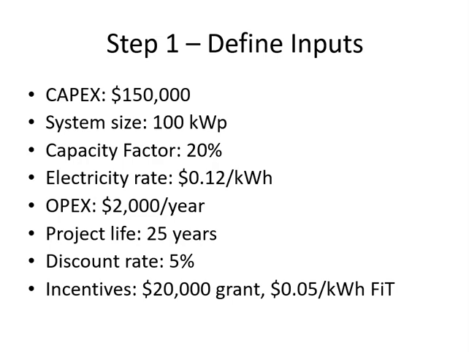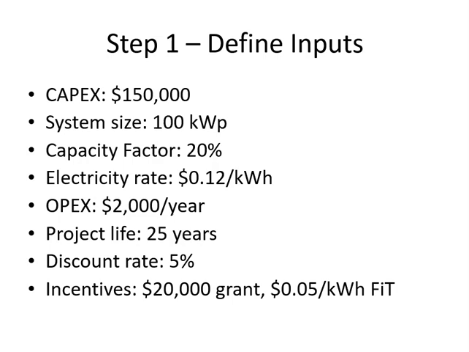And we will take the properties from the manufacturer: the system will produce 100 kilowatts at peak, with a 20% capacity factor, which, as I just mentioned, could range between 15 and 25%.